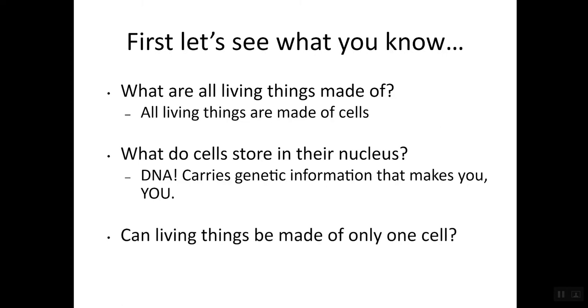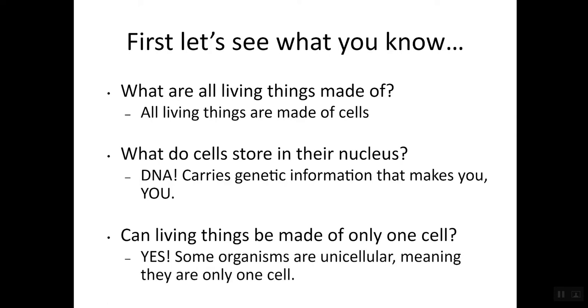Lastly, I want to review, can living things be made of only one cell? All right, and yes, some organisms are what we call unicellular, meaning they are made of only one cell.